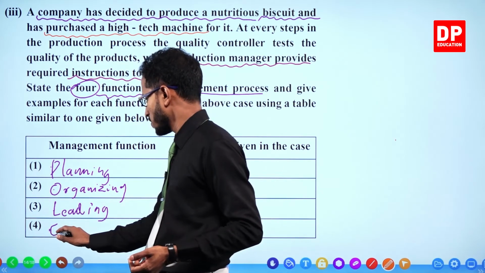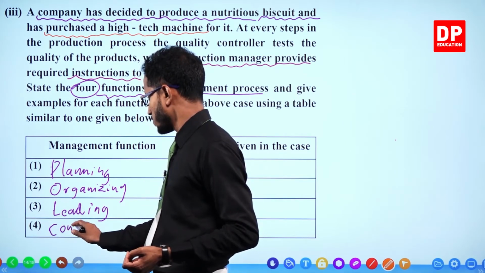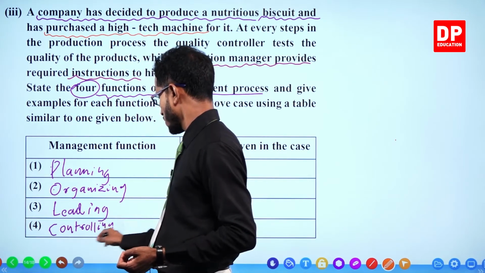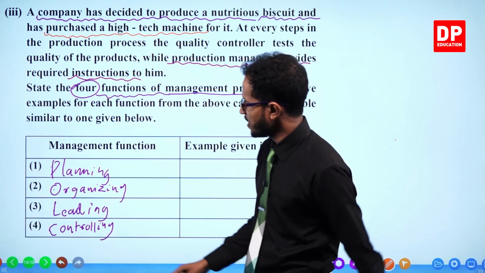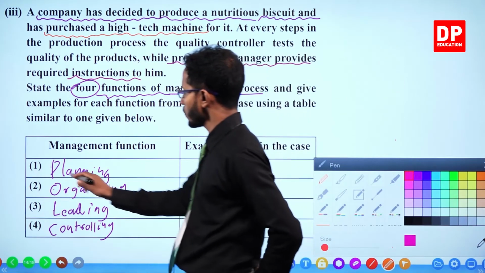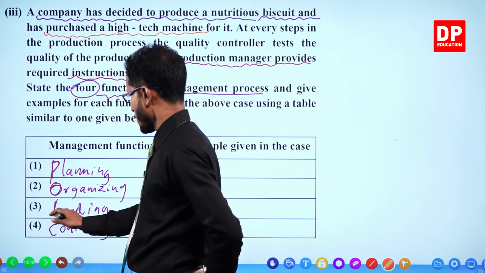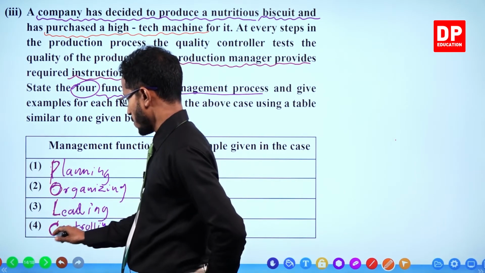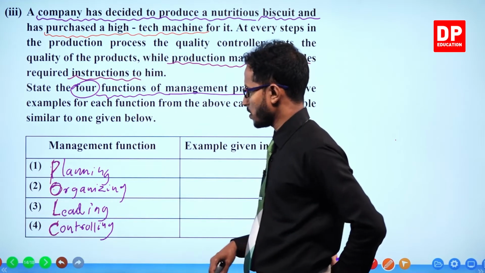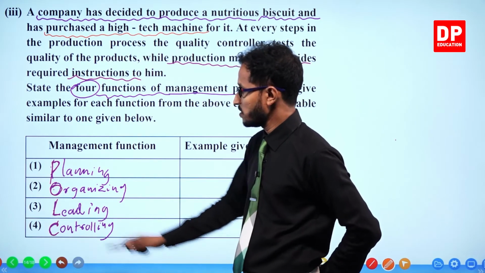Good. Planning, organizing, leading, controlling. Okay, there you go. It looks like police. POLC.